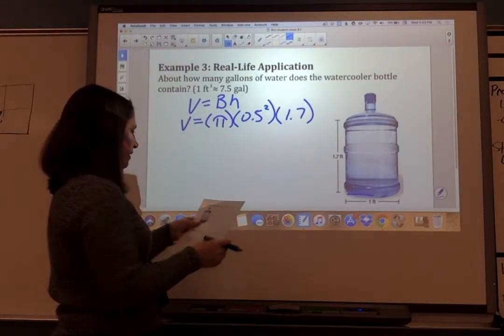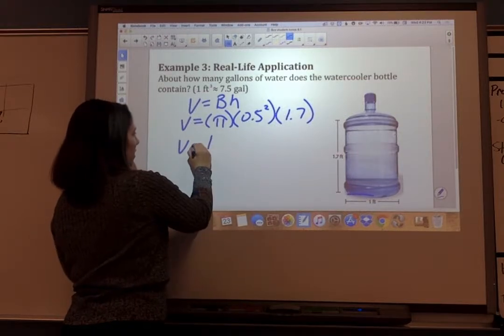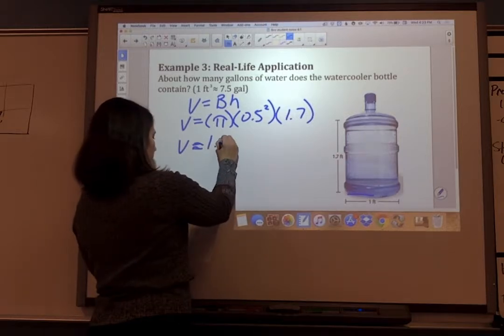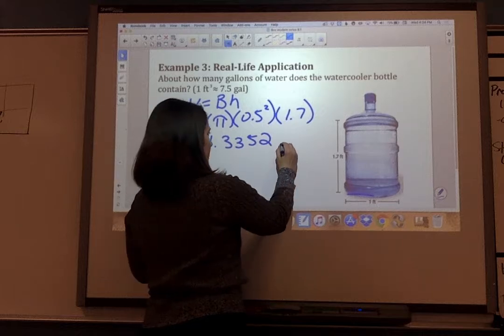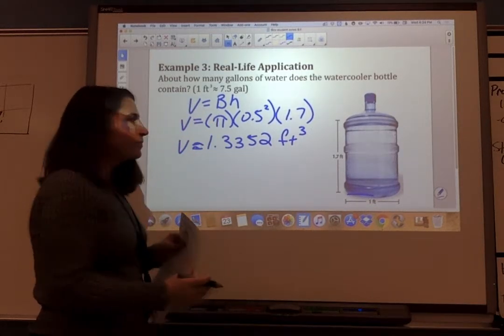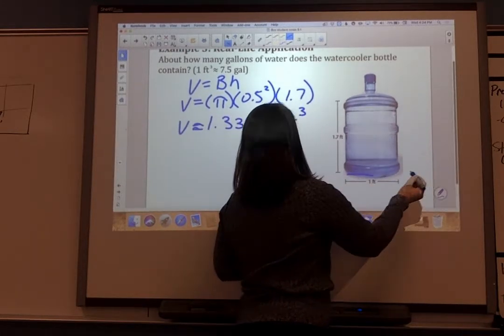So we definitely want our calculator here to simplify that, and it's approximately equal to, I'll put these little squiggly equal signs, 1.3352, and that's cubic feet. We'll leave it like that for now. Now we want to convert this to gallons.